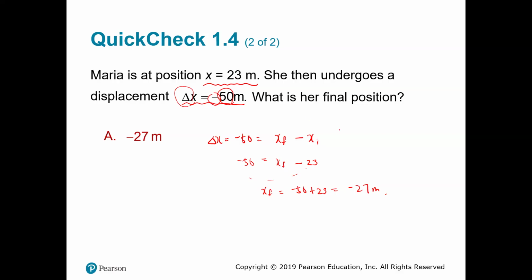Your initial position is 23, and this is the origin. So you move minus 23, and then an additional minus 27, so that you have minus 50, right? So you can either solve using the mathematical definition or the physical meaning of it.